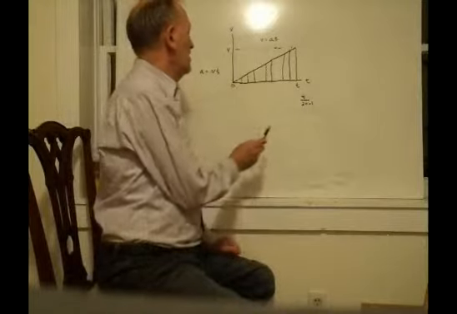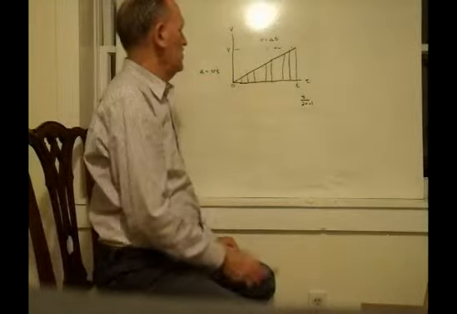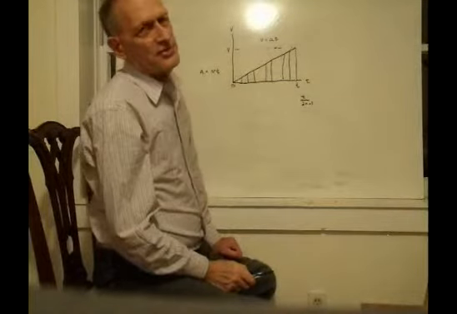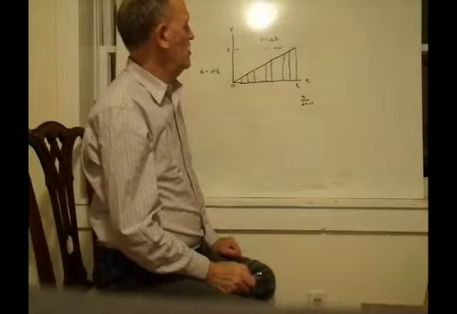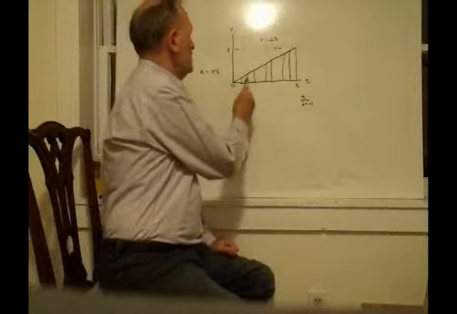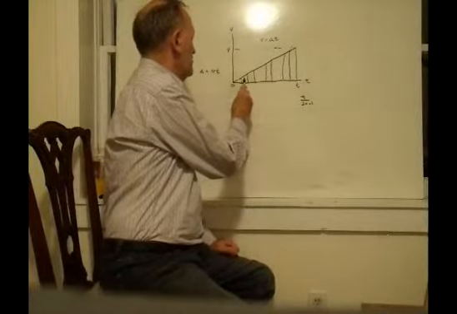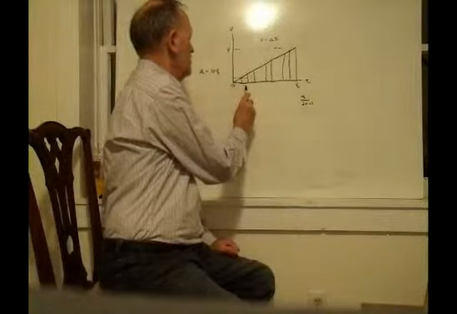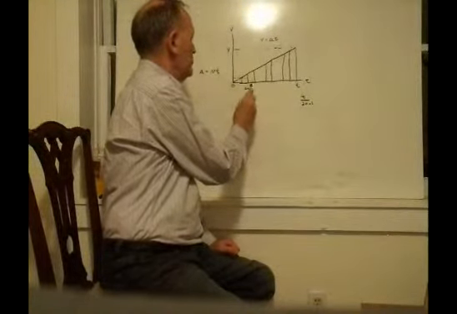So, secondly, what we're going to do is, in each of these intervals, we're going to try to get an estimate of the distance traveled. Now, there are two ways of doing that. Let's take our second interval. I want to show you something.